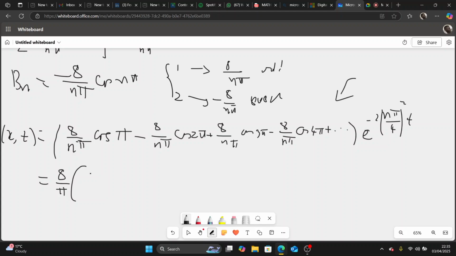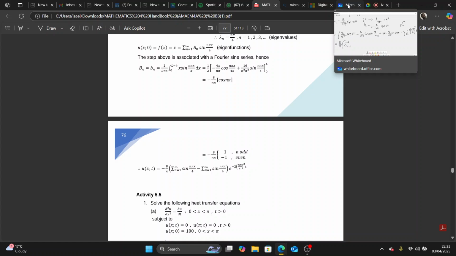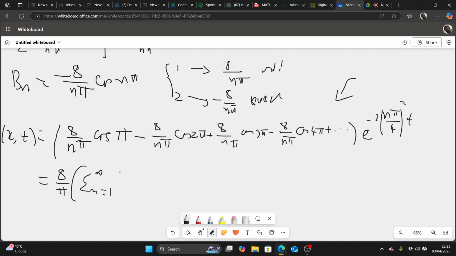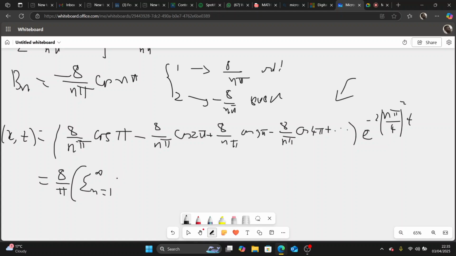Now you have the sum of n going from 1 to infinity of sine n pi over 4 x, like this, minus the sum of n equals 1 to infinity of sine n pi over 4 x, like this. Everything multiplied by exponential minus 2.